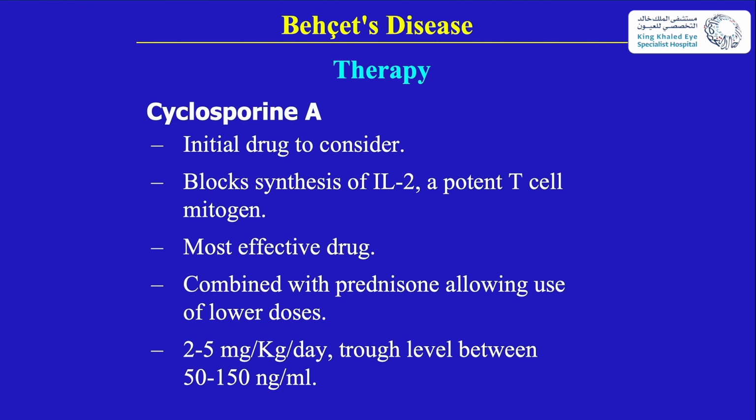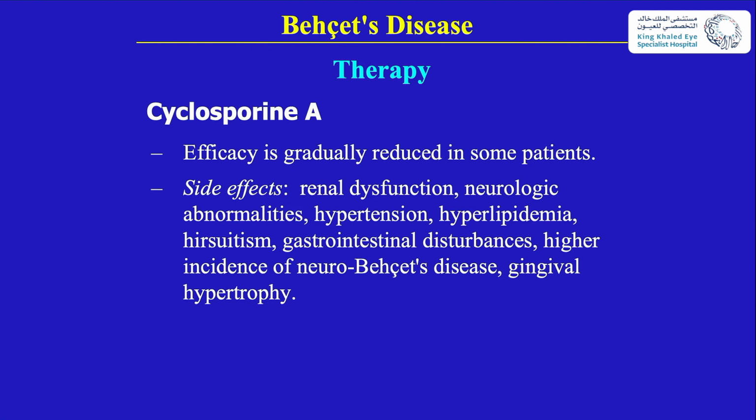And we used to use it in addition to systemic corticosteroids. As you know, it blocks interleukin-2, which is a potent T-cell mitogen. Many side effects, therefore we don't use it frequently. Most important is renal dysfunction.